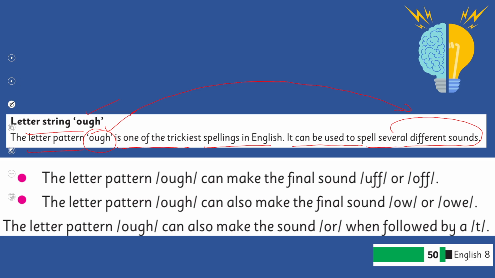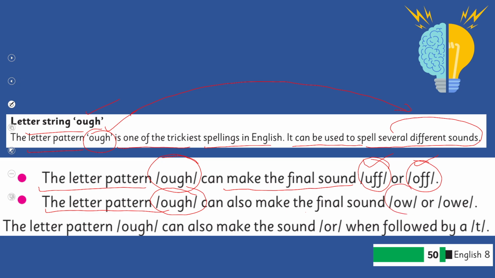Now, the letter pattern OUGH can make the final sound of uff or off. Yes, we can see how these can be uttered out in different words. Next one is that the letter pattern OUGH can also make the final sound of O or oo, right?